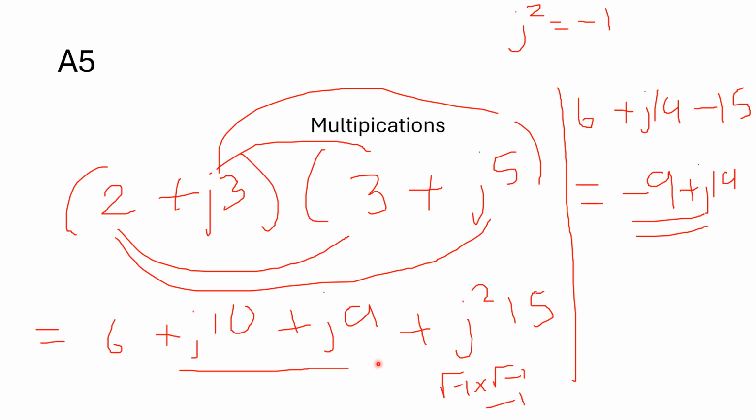But if you know that j squared is equal to negative 1, where you see j squared, you just know it's negative 1. Where you see j to the power of 4, you know it's 1. When you see j to the power of 3, you know it will be negative j. You just have to know it by heart, and then it will solve your problems.